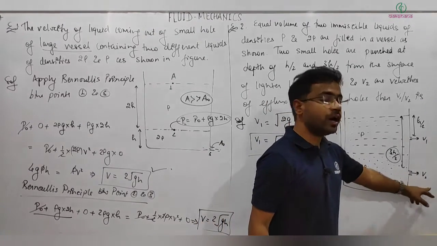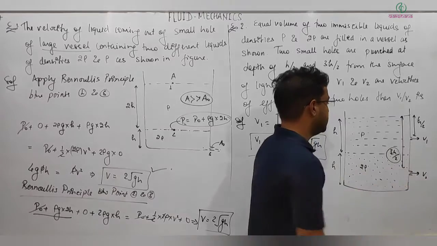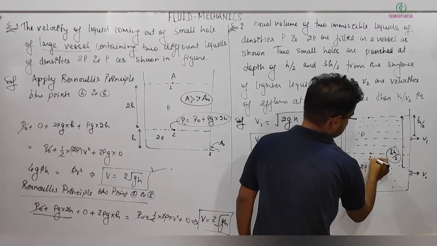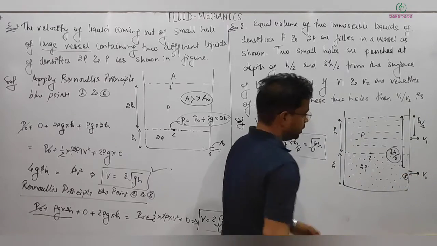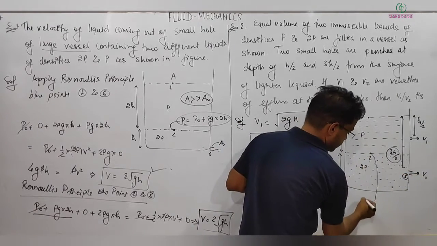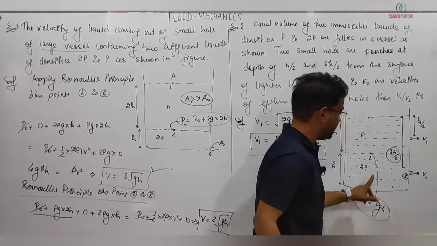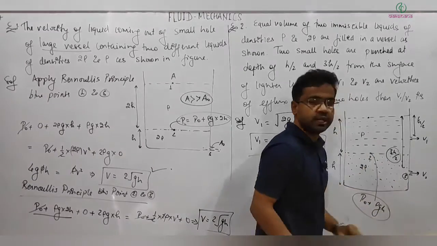Now, for finding the velocity v2, I need to apply Bernoulli's principle. Again I can go exactly in this manner: this is point 1, this is 2, and this point you can take as 3. So you can write the pressure of point 2 as P naught plus rho GH. Then apply Bernoulli's principle between point 2 and 3.